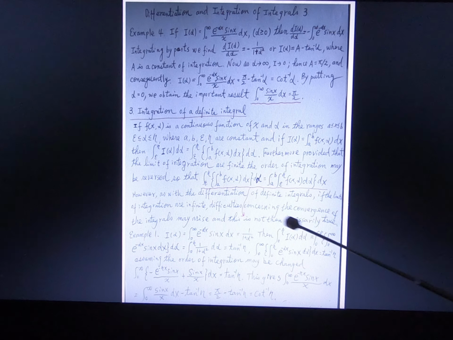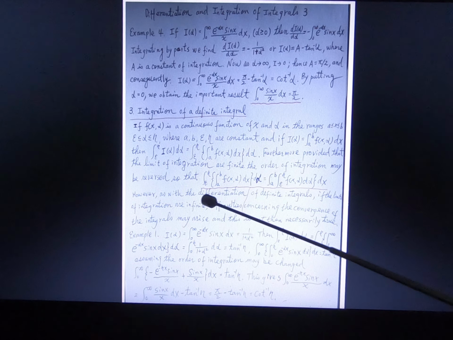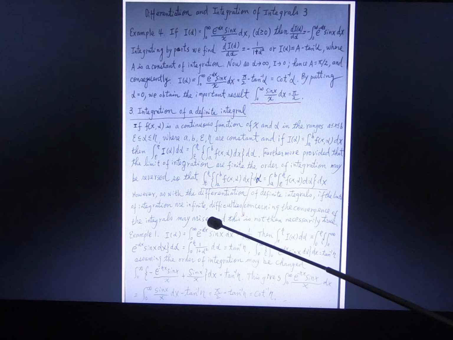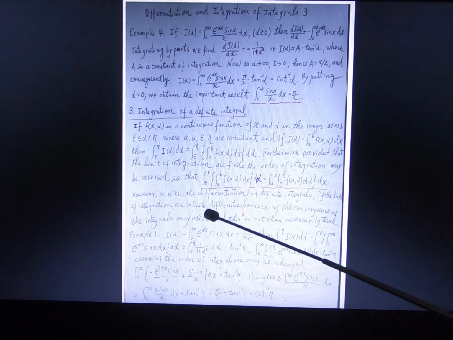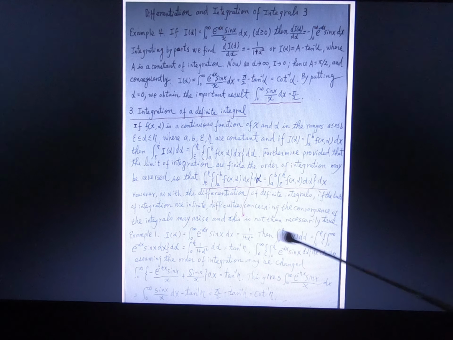However, if the range of the integration is infinity, if the limit of the integration is infinity, there might be some difficulty. This is not necessarily true. So these are one of the examples. It is the same thing like this.